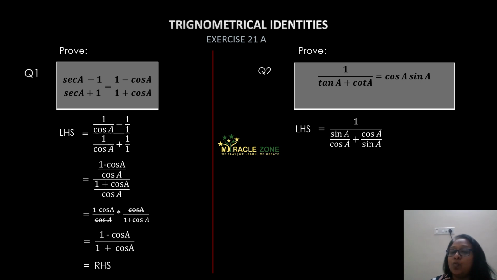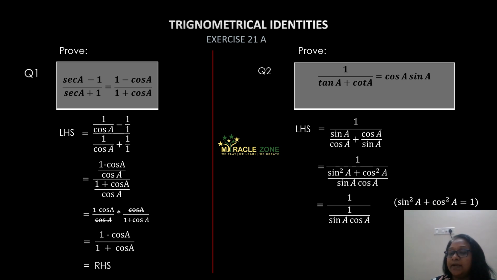So it is 1 the whole divided by (sin square A plus cos square A) by sin A cos A. What is sin square A plus cos square A? It is 1. So that means 1 whole divided by 1 by sin A cos A.